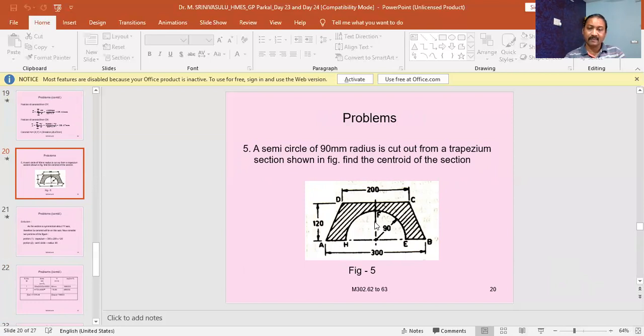Approximately at the cursor point, the centroid of the given figure is acting. In this way we have to find out the centroids for the given areas.